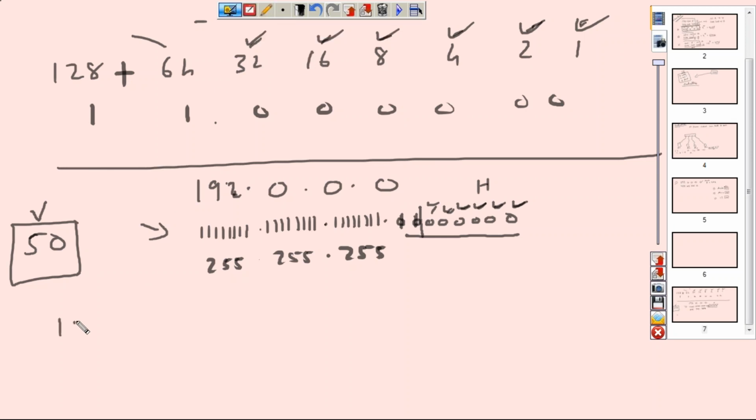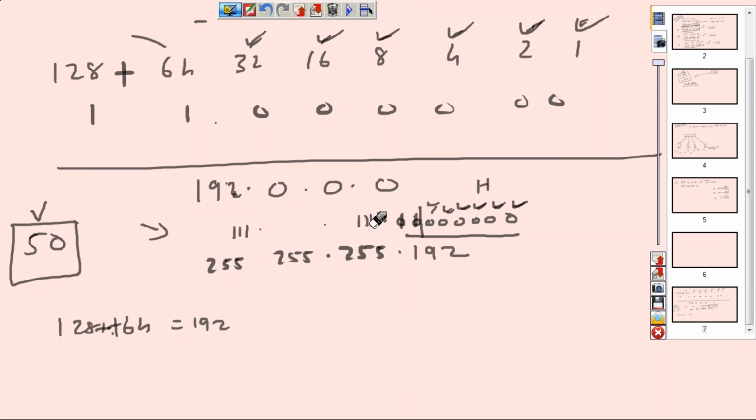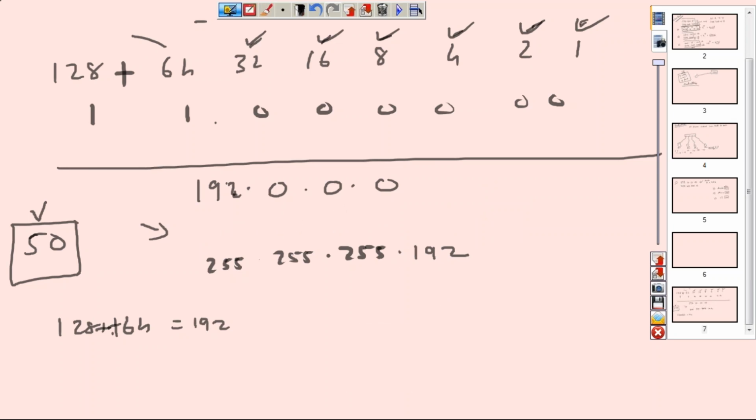So what is 128 plus 64? 192. So my new subnet mask here would be 192. Which means how many bits are on the network now and how many for the host?